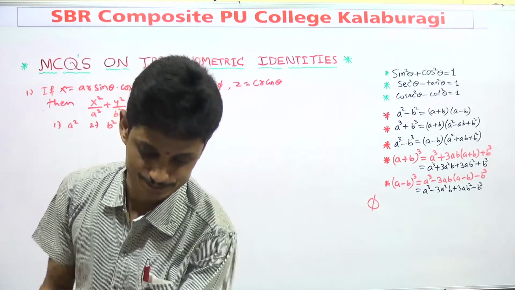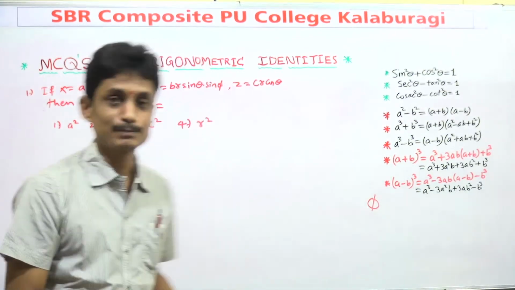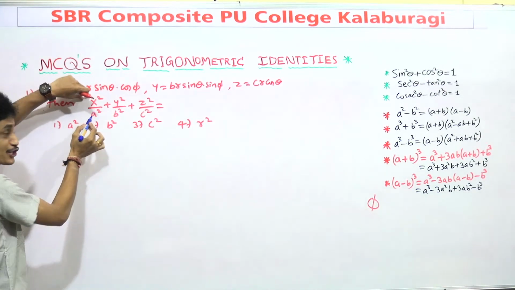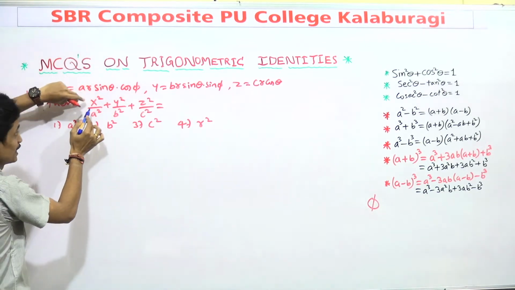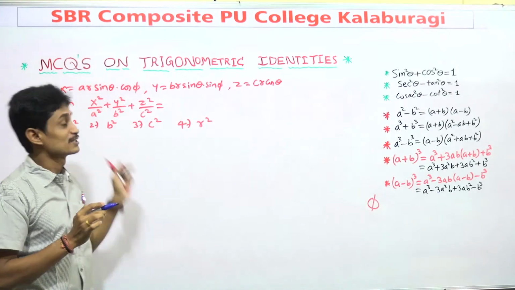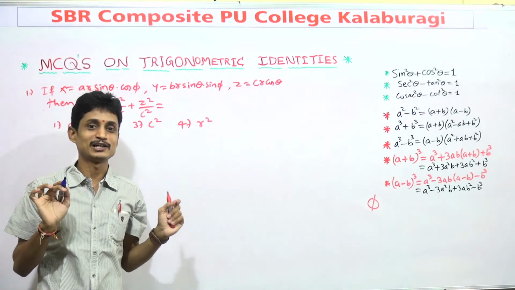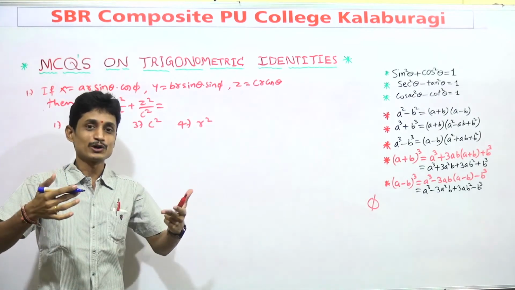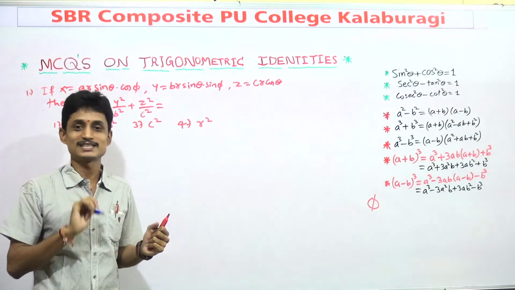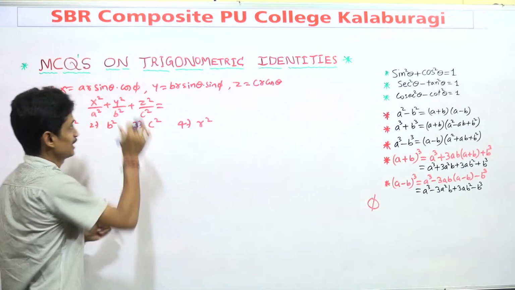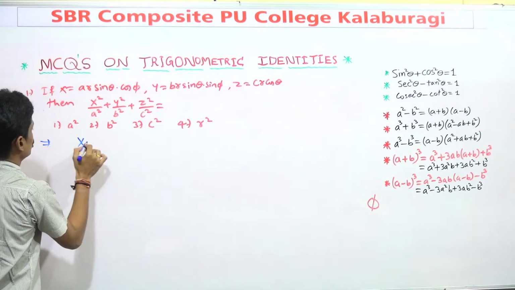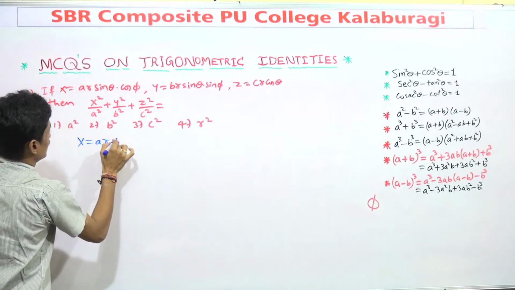Let's start. It's very simple, because first in that question you focus properly. X square by a square, y square by b square, z square by c square, this value we need. First we modify it. So first equation I will write, that is x equal to a R sine theta cos phi.